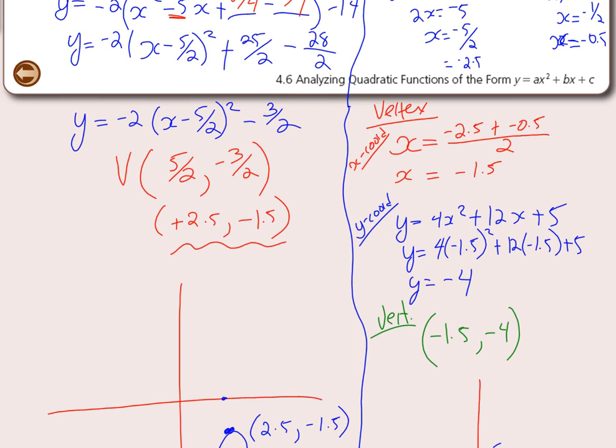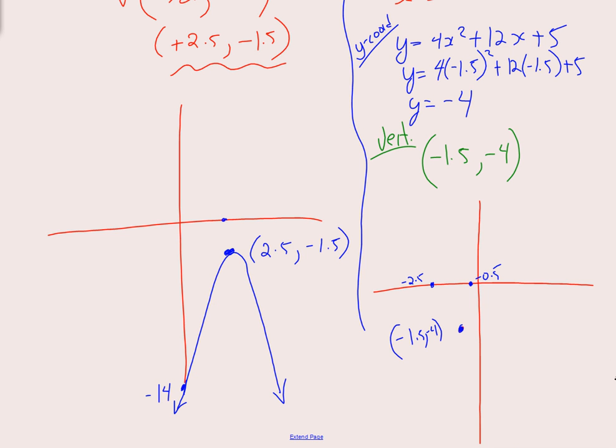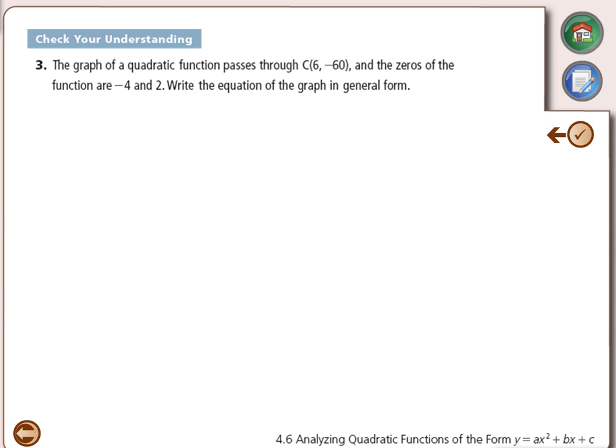Label them off. And my y-intercept, way up at the top, is 5. Connect all of my dots. It's perfectly symmetrical on both sides. And put some arrows on the ends. Done deal.